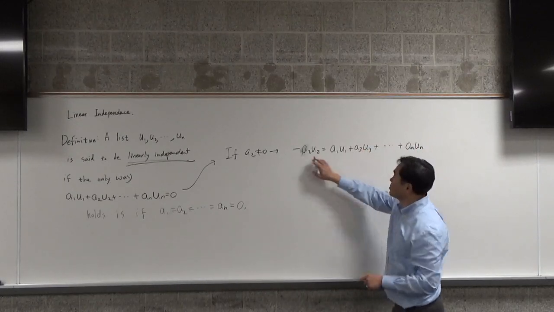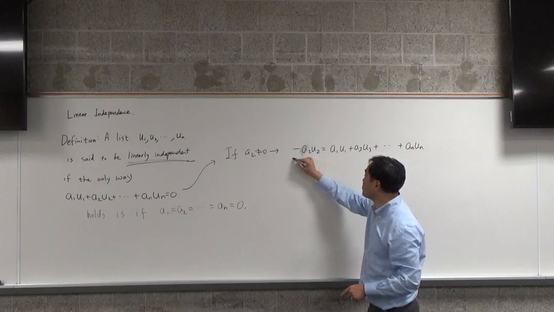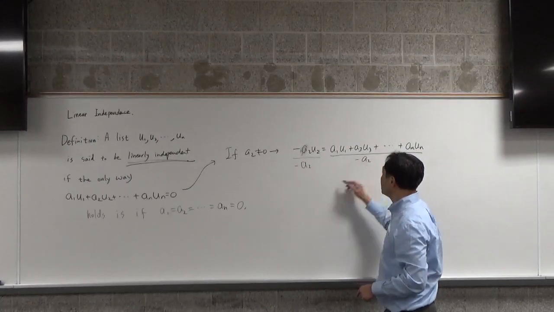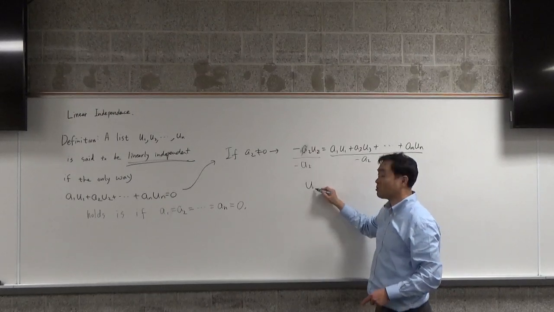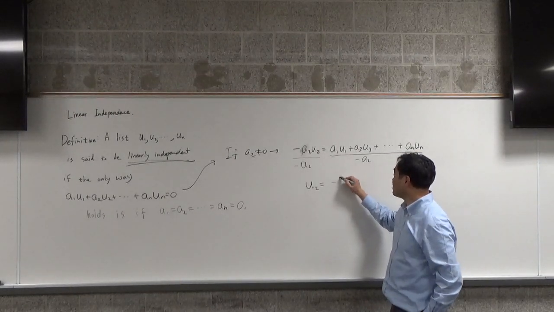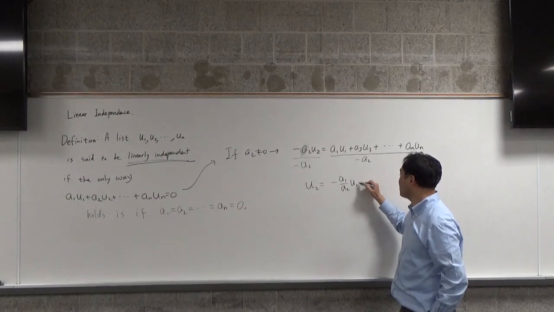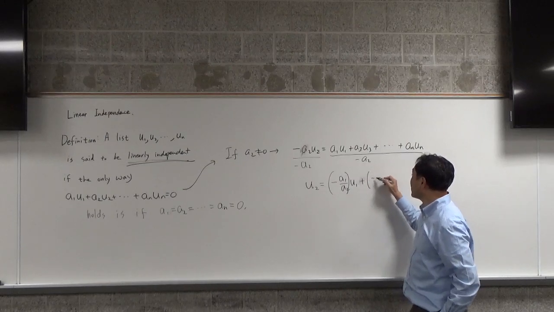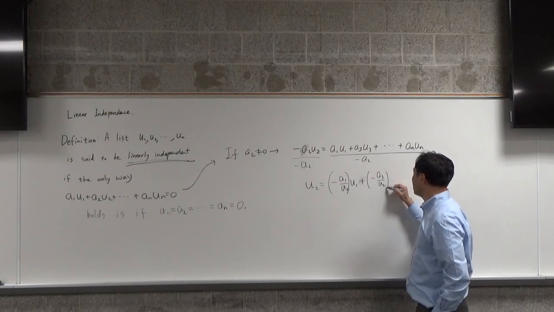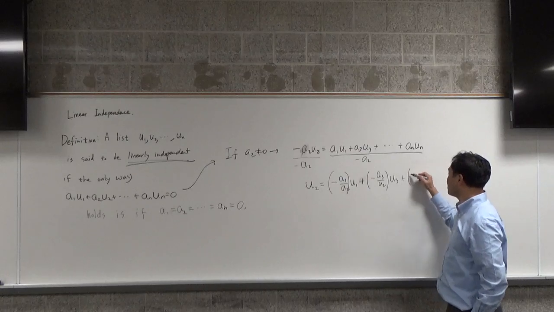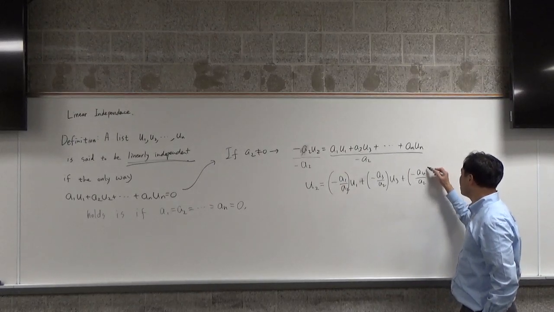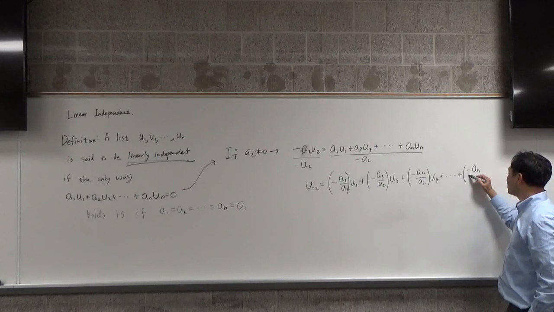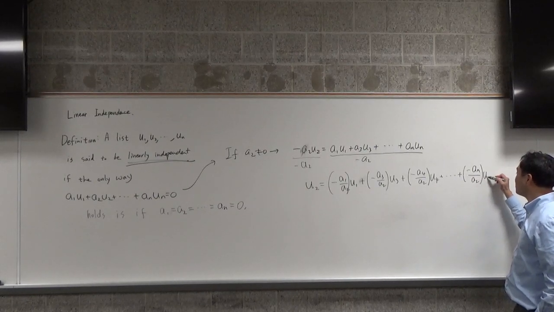So the a2 u2 is brought to the other side, and then you divide everything by negative a2, which after canceling you've expressed u2 as negative a1 over a2 u1 plus negative a3 over a2 u3 plus negative a4 over a2 u4 all the way until negative an over a2 un.